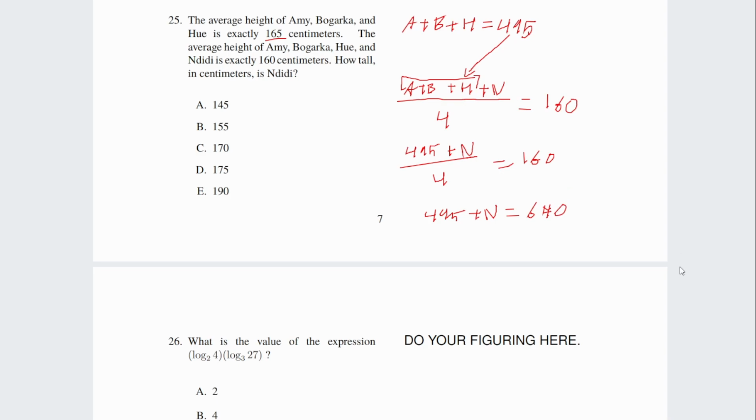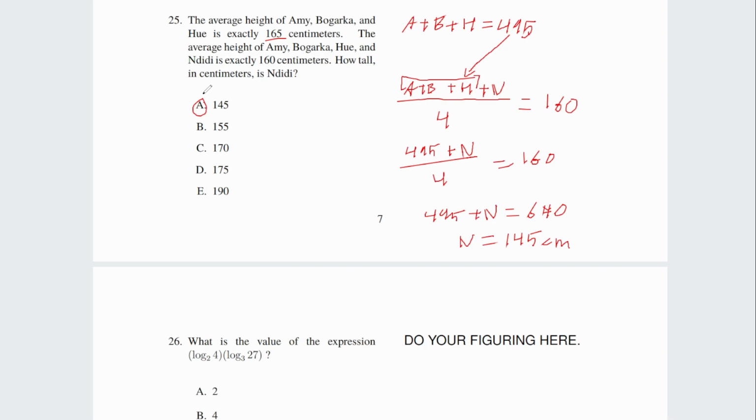Which means Ndidi is going to be 640 minus 495, which is 145 centimeters. So the answer choice is A.